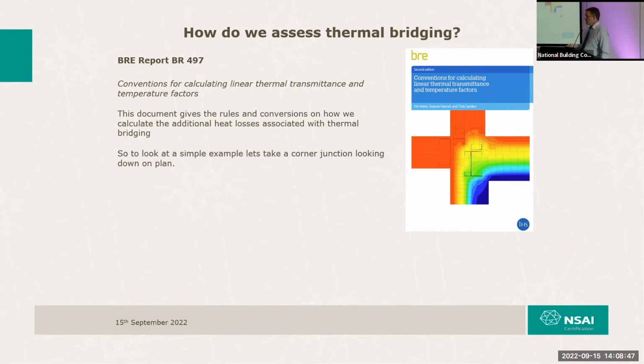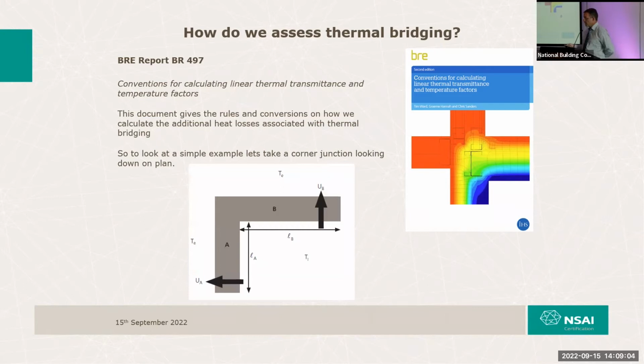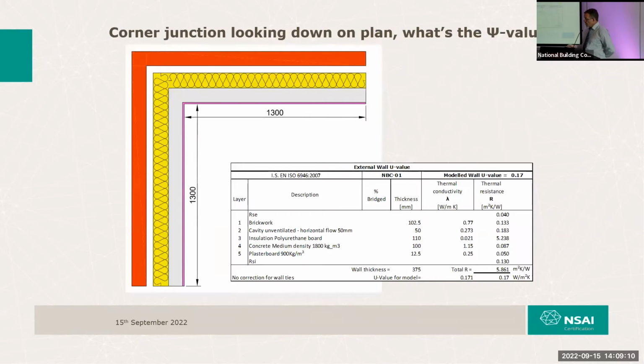So if we take a look at a simple junction, just to get a sense of what the Psi value is, and excuse me if this is a repeat of what was done earlier, but I think it's important to have a look again. Dara, I think, presented on something similar. We take a simple corner junction on plan. We calculate the U value through the planar elements.